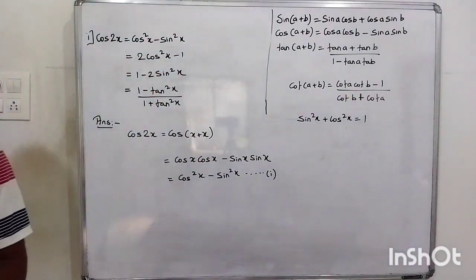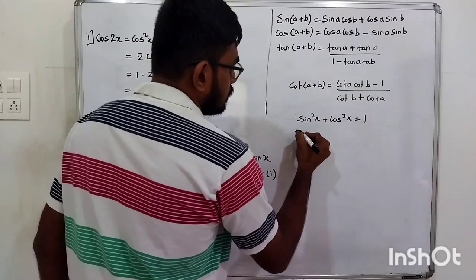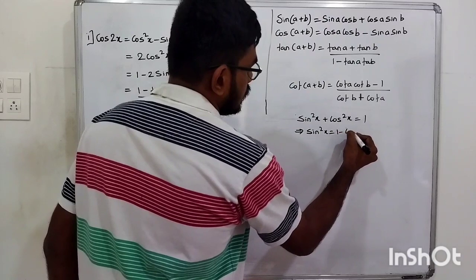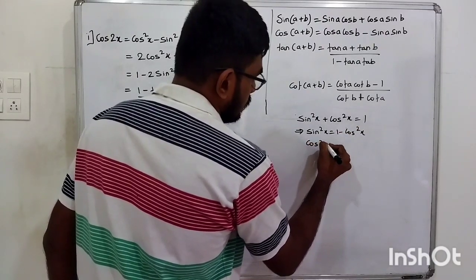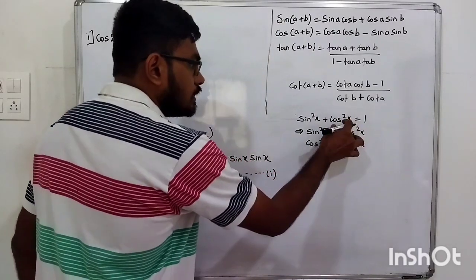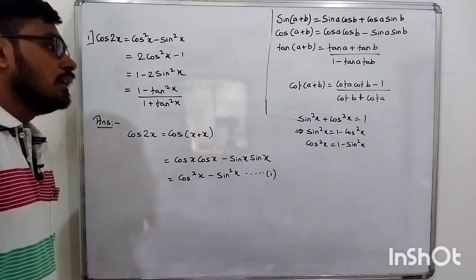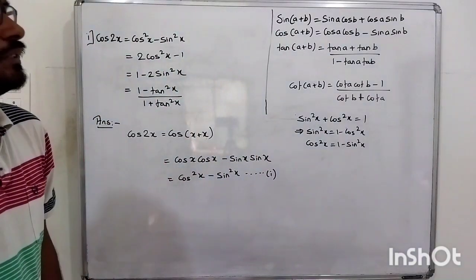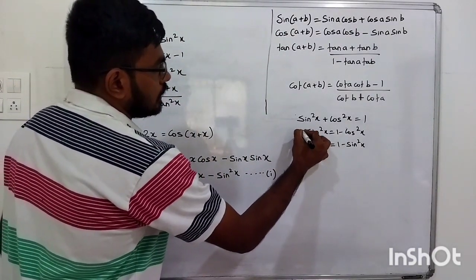From this we can write sin square x is equal to 1 minus cos square x, and cos square x will be 1 minus sin square x, correct? If I take this cos square x this side, then we will get sin square x, which is 1 minus cos square x. And if you take this sin square x this side, you will get cos square x equal to 1 minus sin square x. So both formulas we get.